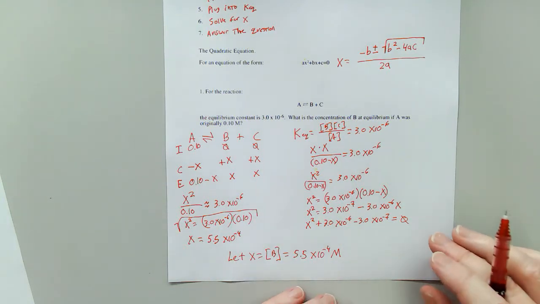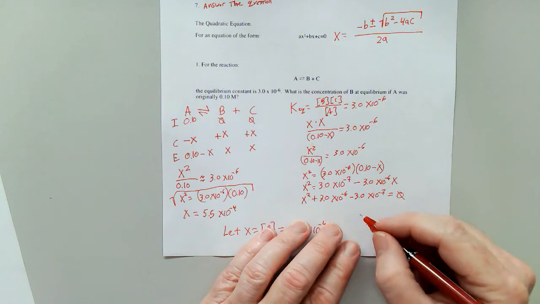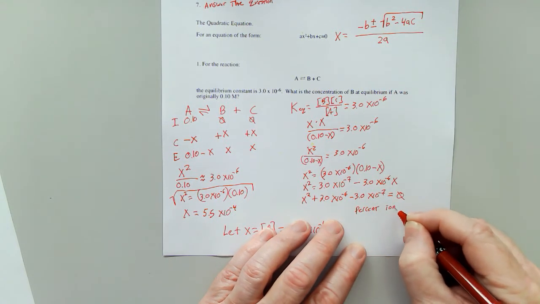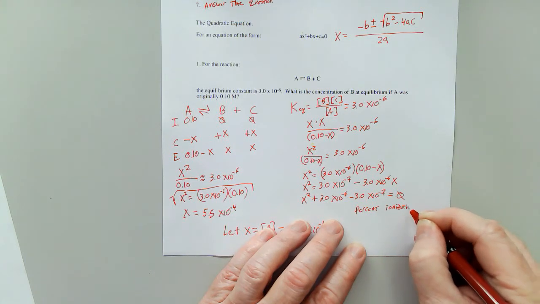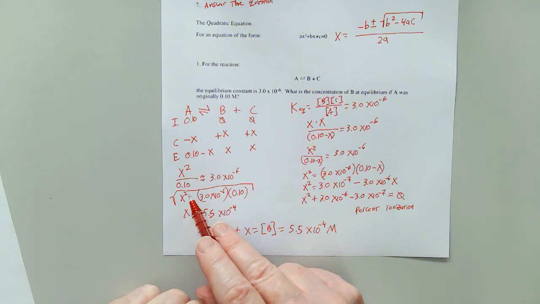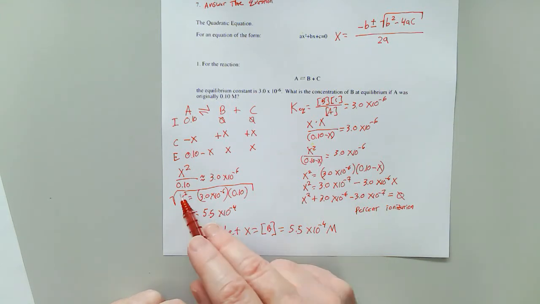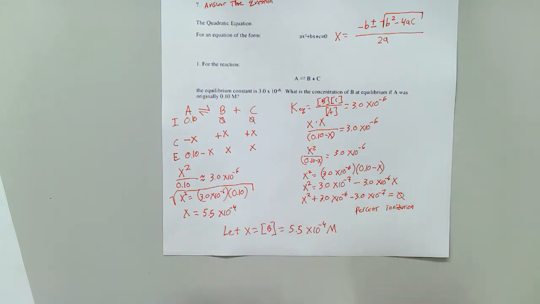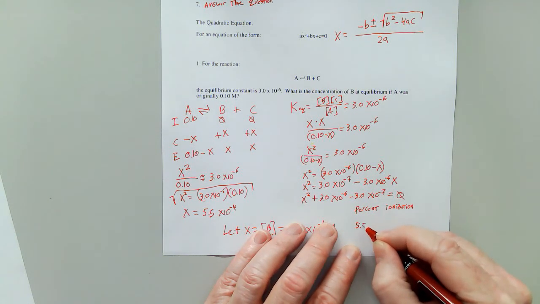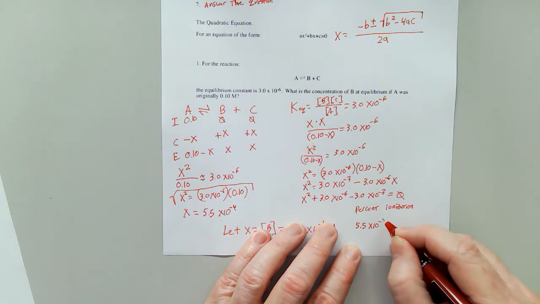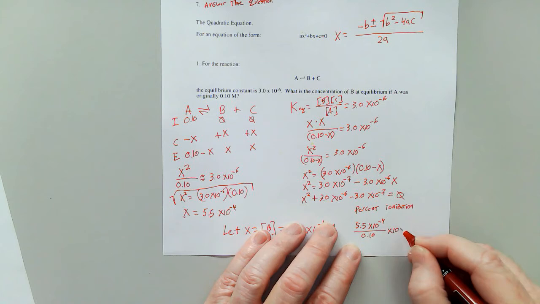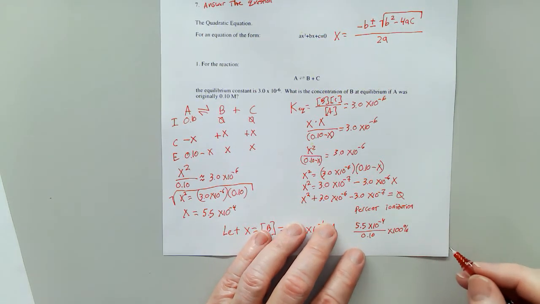Now, often I will do what is called a percent ionization test here to make sure that x is less than 5% of the original value, the 0.10, which means it's going to round off to be the same thing. So I'll take that answer, 5.5 times 10 to the negative 4th. I'll divide by 0.10. I'll multiply by 100%.